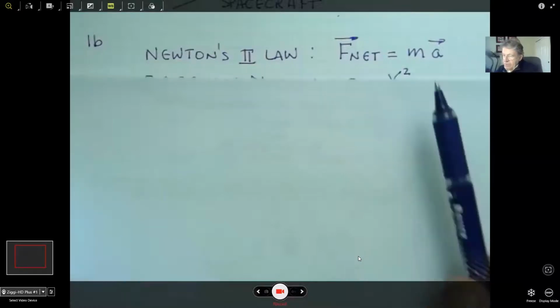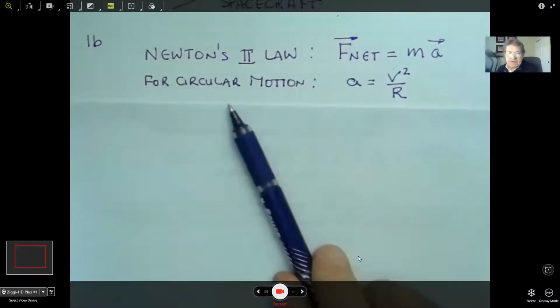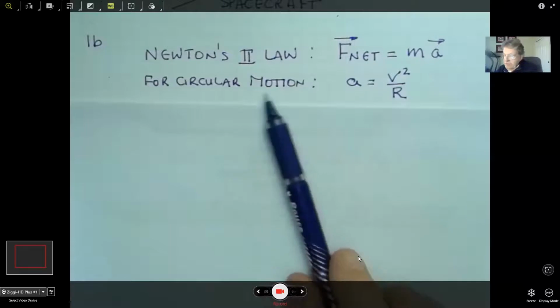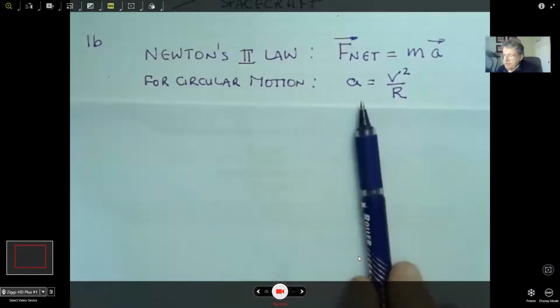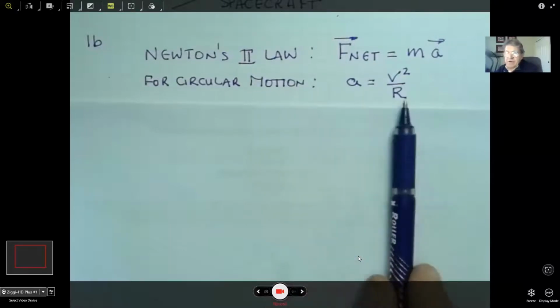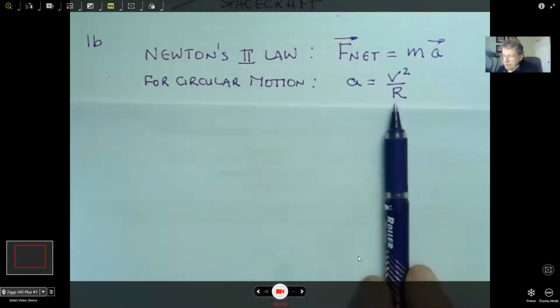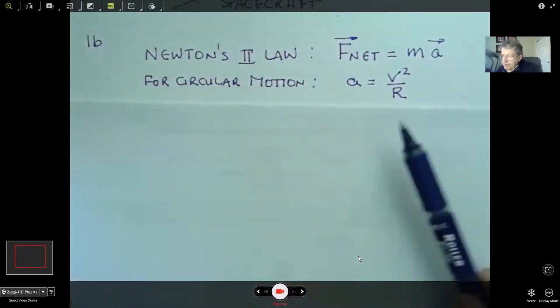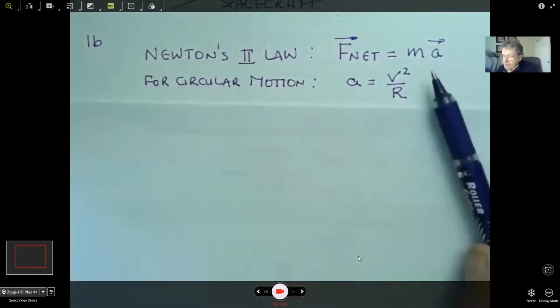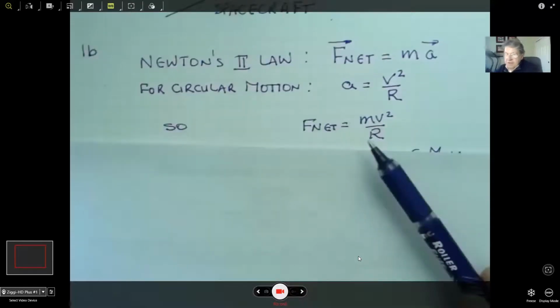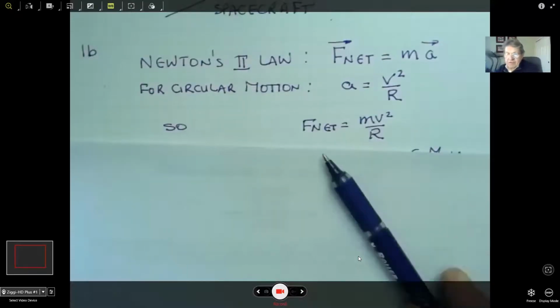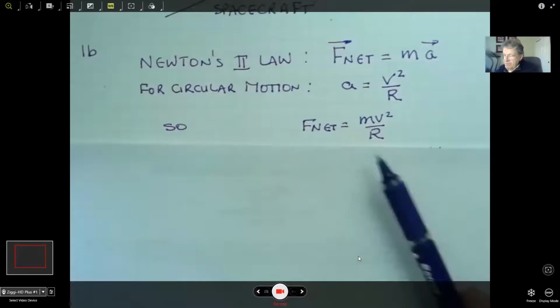We know the spacecraft is in circular motion, and so we know the size of this acceleration. It must be v squared over r, pointing radially in towards the center. It's a centripetal acceleration on the spacecraft. We can put these two facts together to get the size of the net force. It must be m v squared over r.